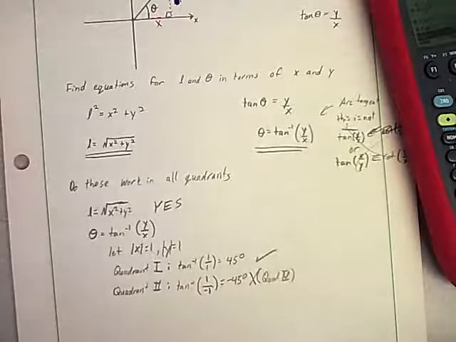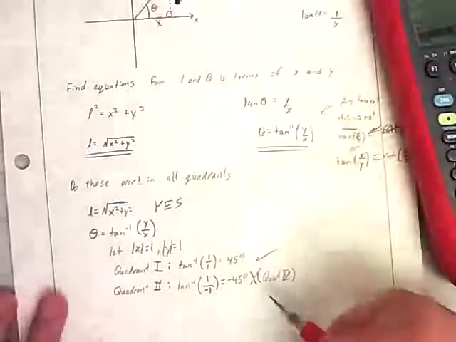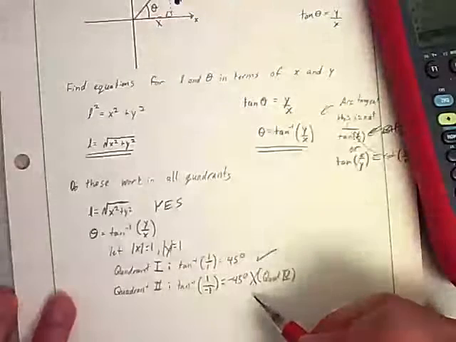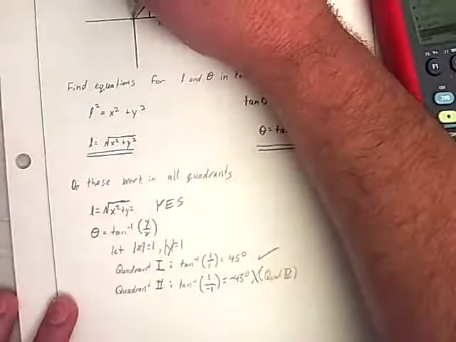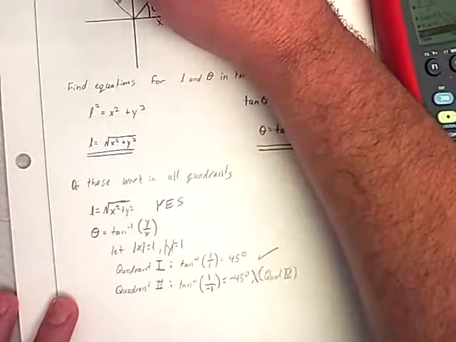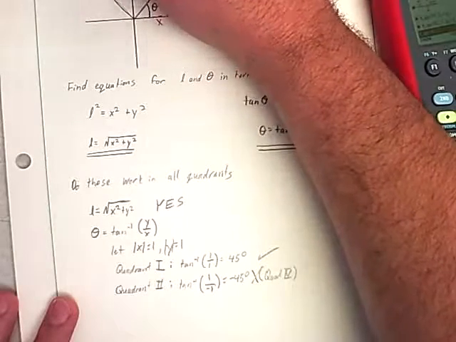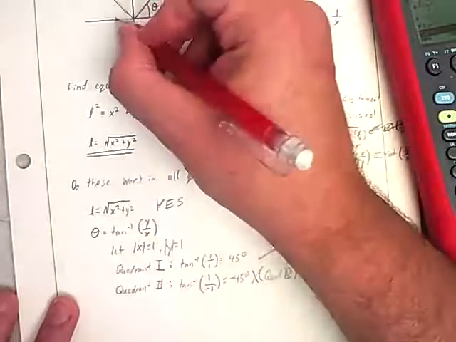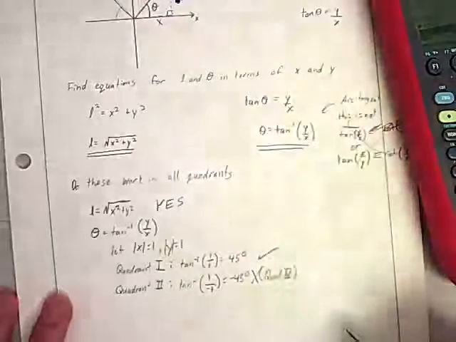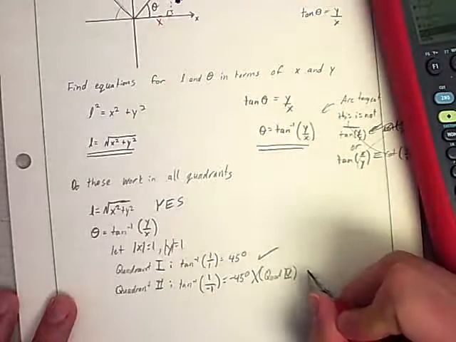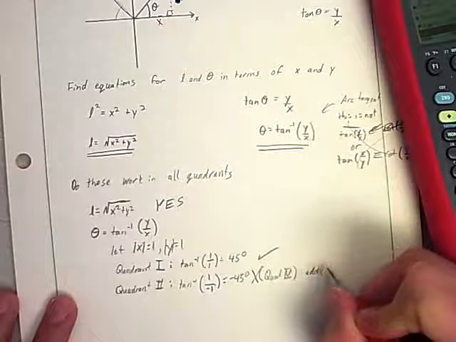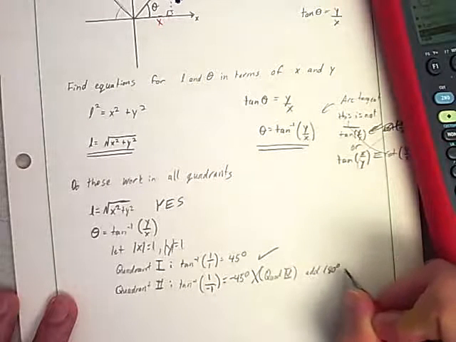Well, how could I get it to be the correct angle? I know what I need is something that's measured 45 degrees from the axis here. I need to flip the sign. So what I need to do is add 180 degrees.